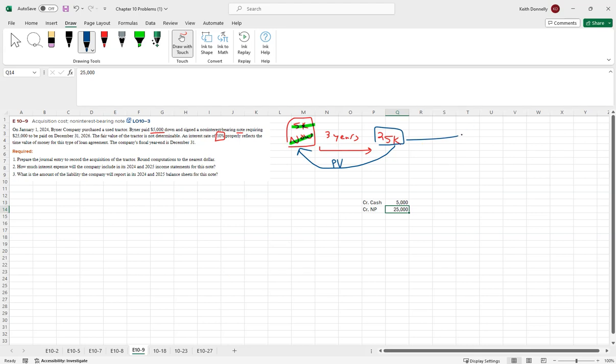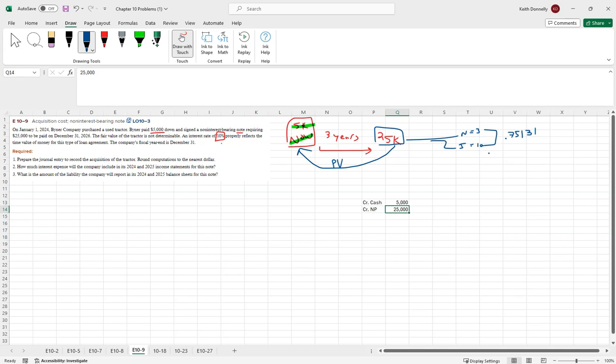But essentially, we have an N equals 3 because it's 3 years, and an I that equals 10 on there. If we were to get that present value factor of a lump sum, that would be 0.75131.